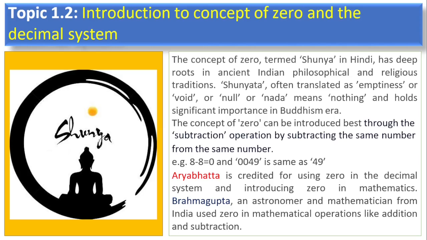So, this continues. For every number they invented one new symbol. For 50 they write L, and for 100 they write C. And so for every new number they invented a new symbol, and in this way they wrote the whole number system. Whereas Indians had only 10 symbols, that is from 0 to 9, which we call digits.